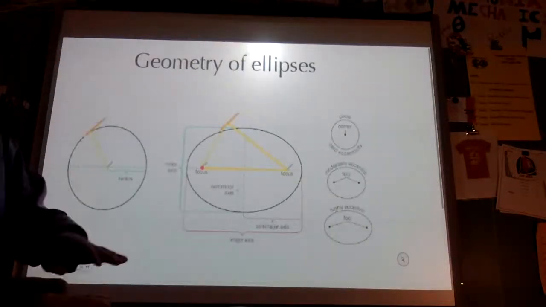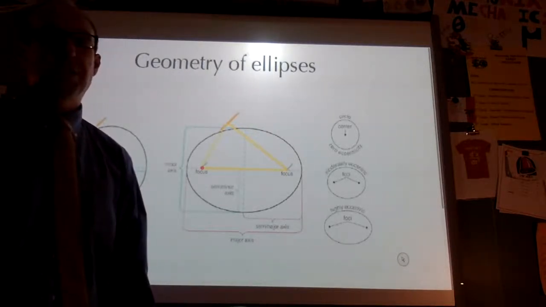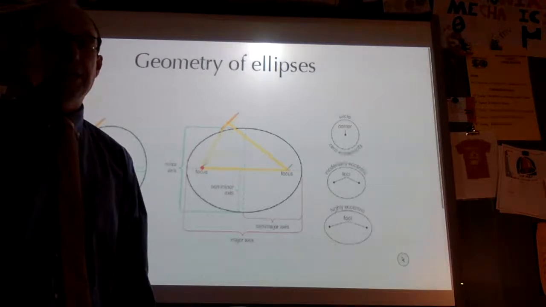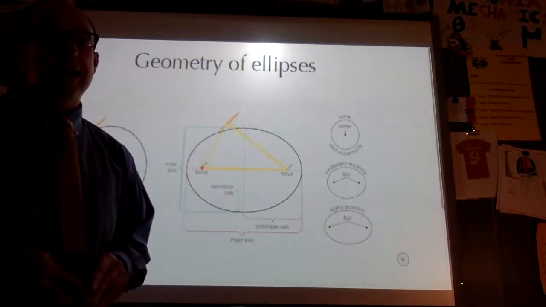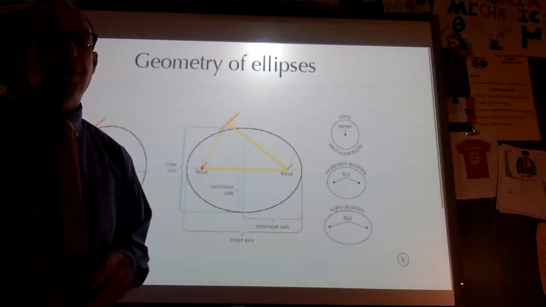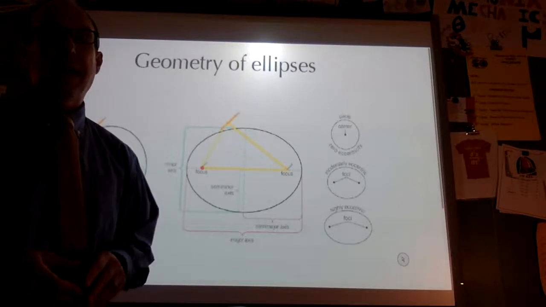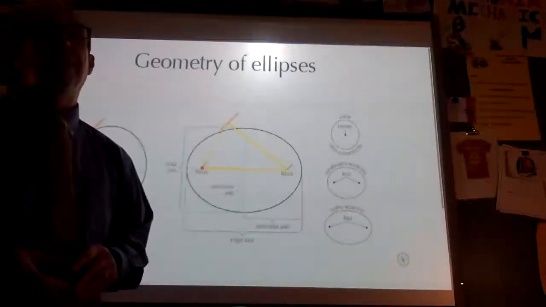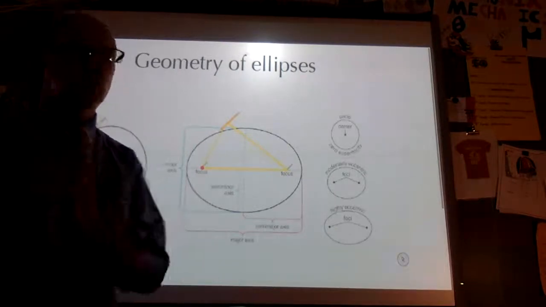The more squished down it is, we call that eccentric, the eccentricity of the orbit. And so the most eccentric example that I can give you of a former planet would be Pluto. It has a very eccentric orbit. But if you think about comets that are going around the sun, they have very eccentric orbits. They go way out and it's squished way down.